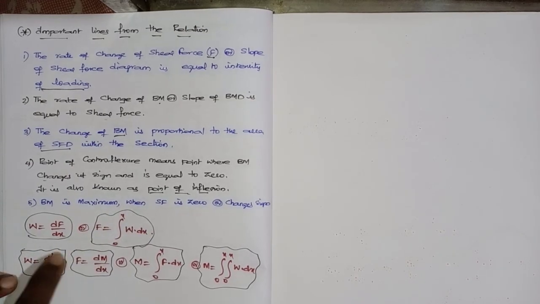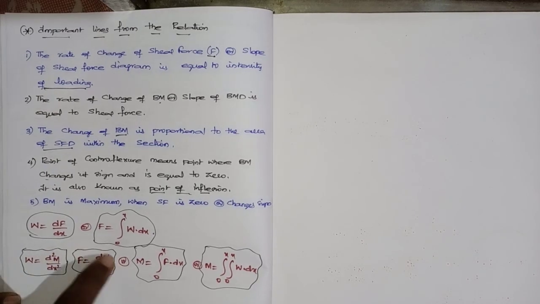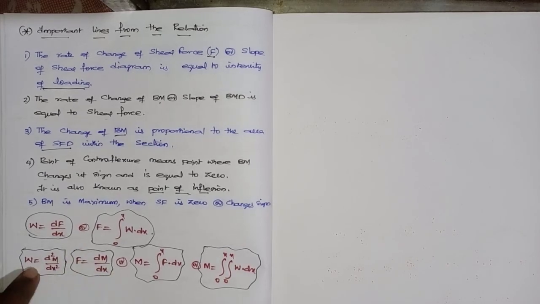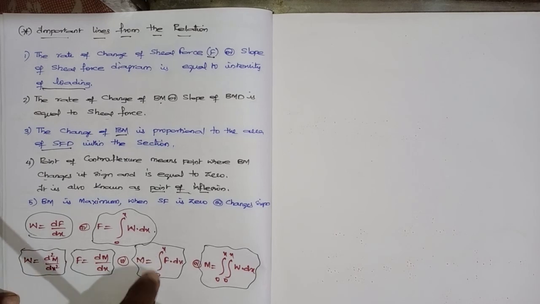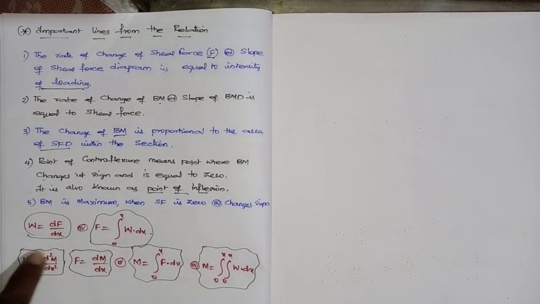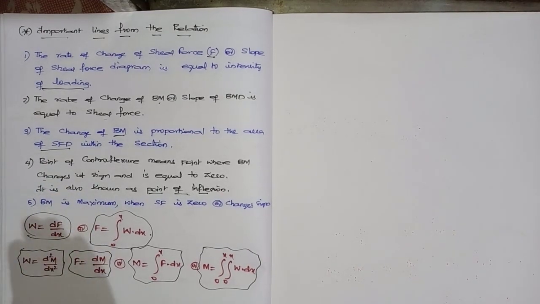Whereas in terms of loading with respect to bending moment, w equals d square M by dx square, or in terms of shear force, F equals dM by dx, or M equals integral of 0 to x F dx, or double integral, because first loading, next shear, next one is bending moment.